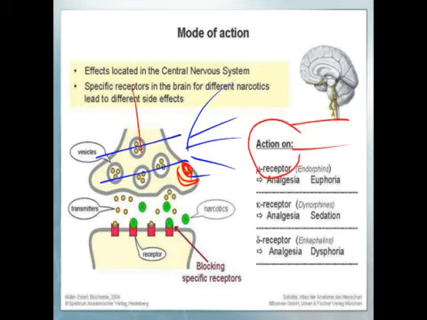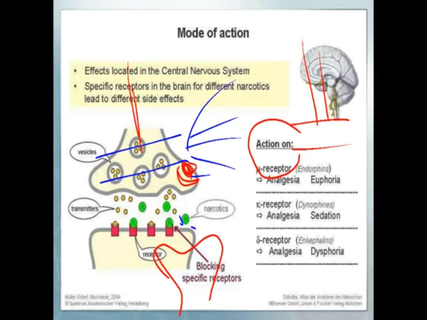So this is presynaptic, this is the postsynaptic neuron, and this is the opioid receptor.